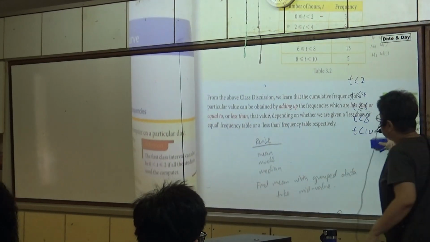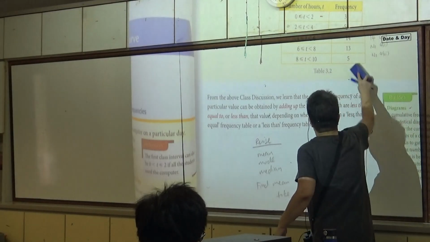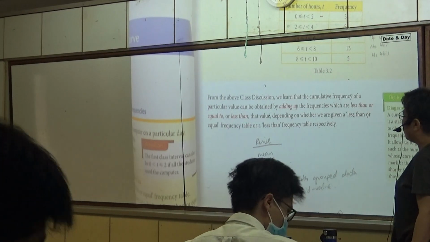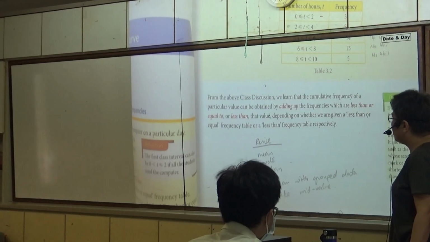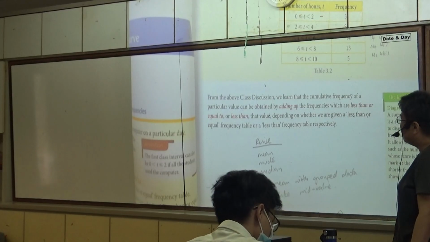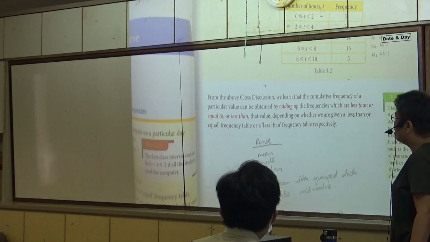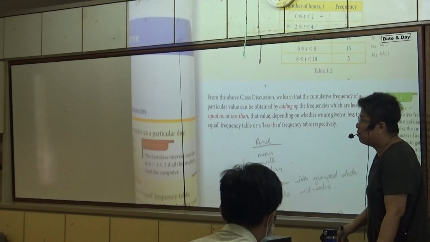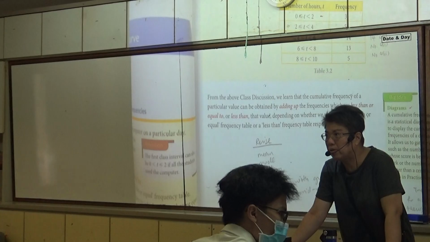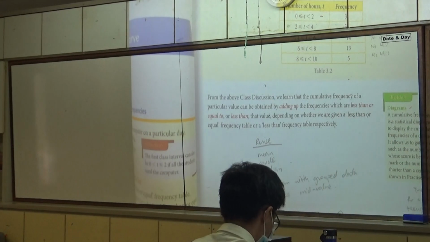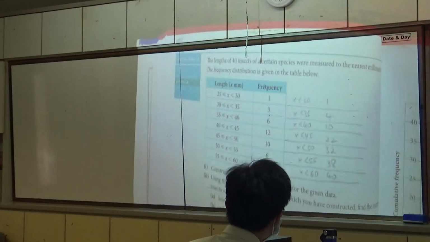From the above class discussion, we learned that the cumulative frequency of a particular value can be obtained by adding up the frequencies which are less than or equal to or less than that value, depending on whether we are given a less than or equal frequency table or just a less than table respectively. So do not have to worry about this. The question will be very, very clear. Okay? Alright, now next. I'm going on to practice 1A now.